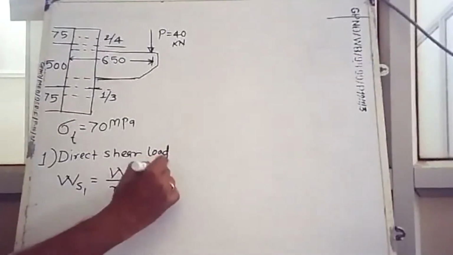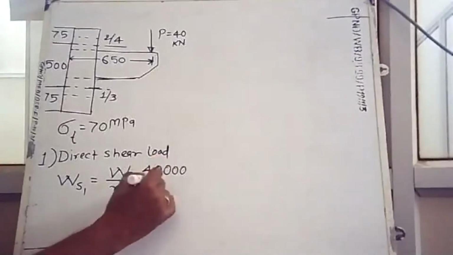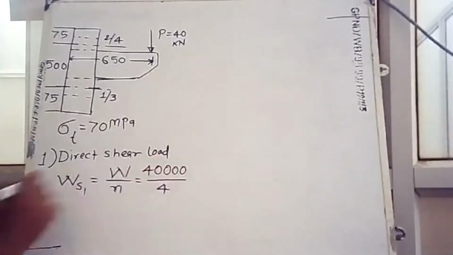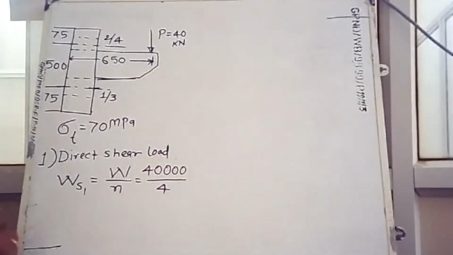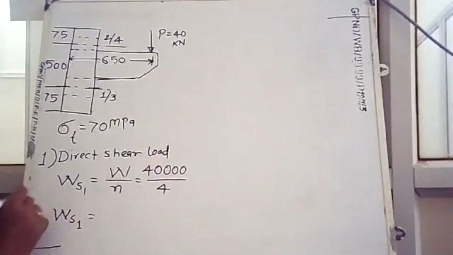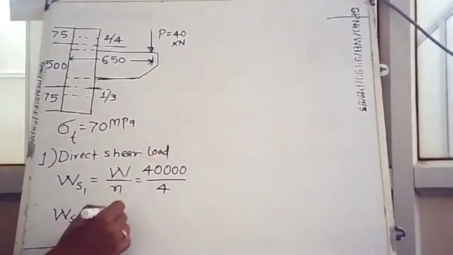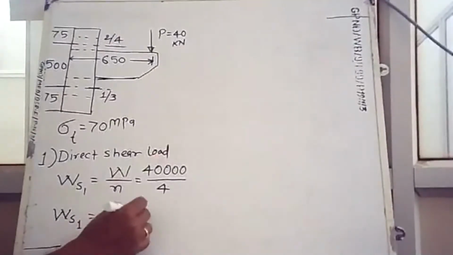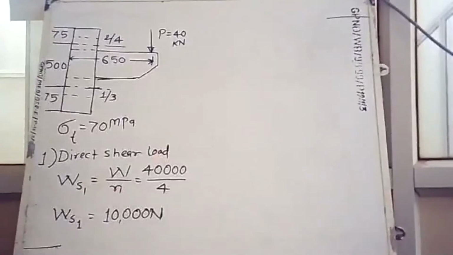The total load is 40,000 divided by number of screw, which are 4. So direct shear load that comes out is 10,000 newtons. Okay, so this is one load.